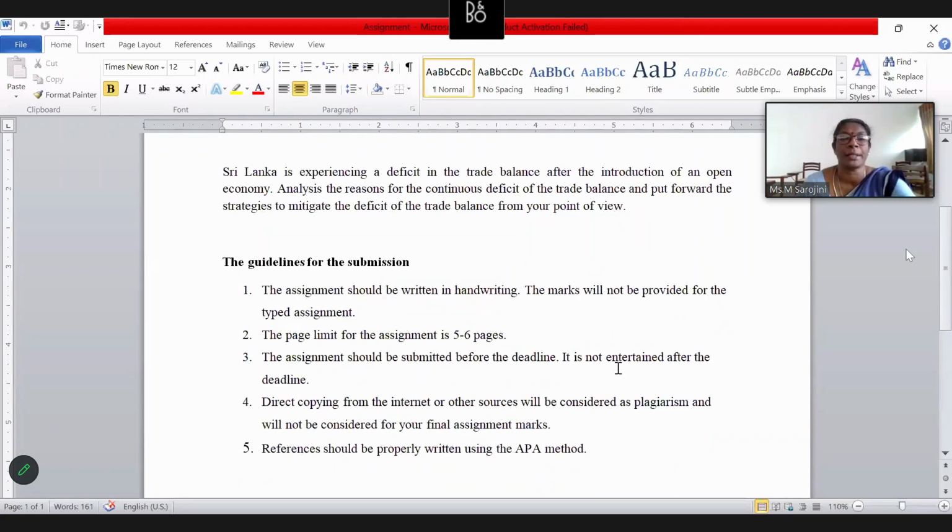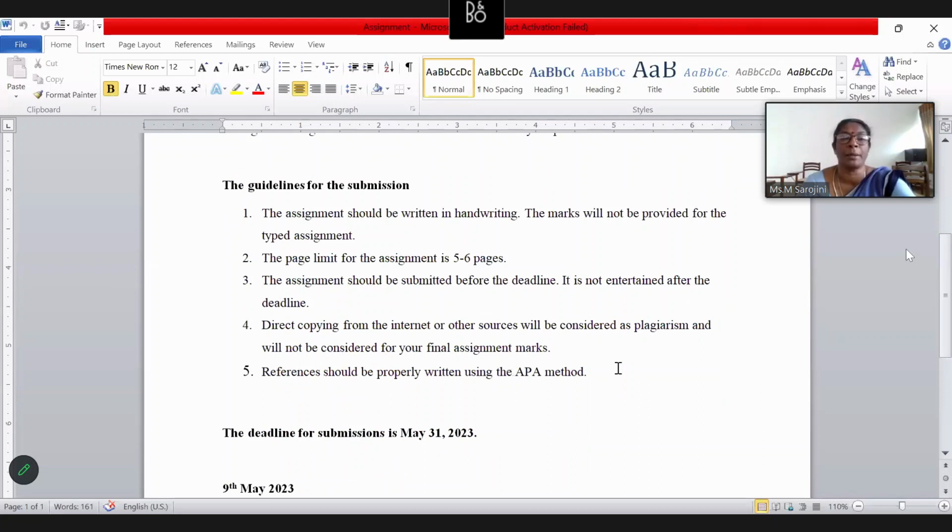For that, there are some submission guidelines. The assignment should be written in handwriting, rather than copy and paste. Marks will not be provided for a typed assignment, so you have to be very careful.